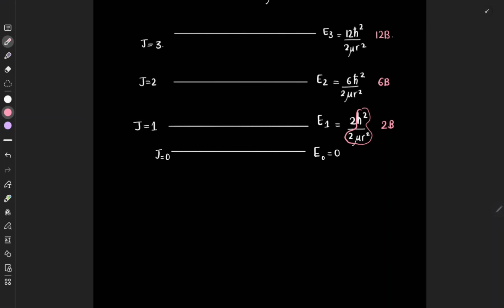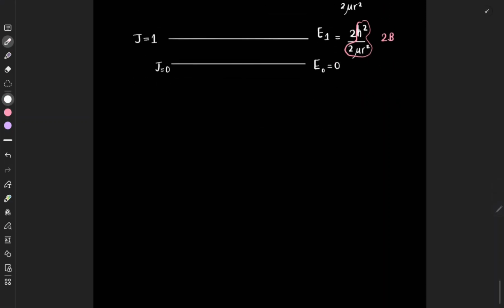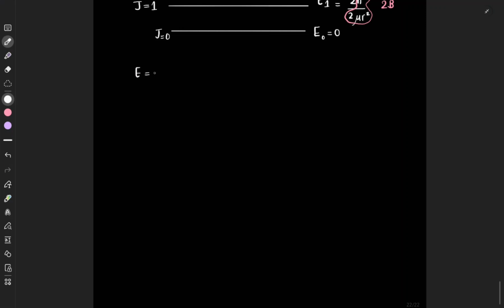Okay, so we know that E is equal to h nu, which is equal to hc by lambda.